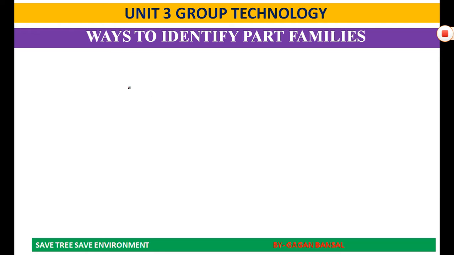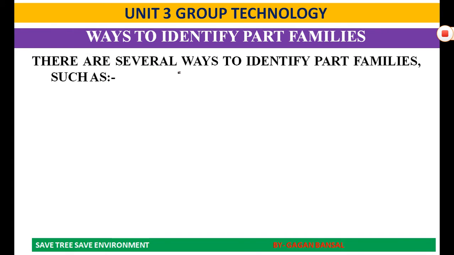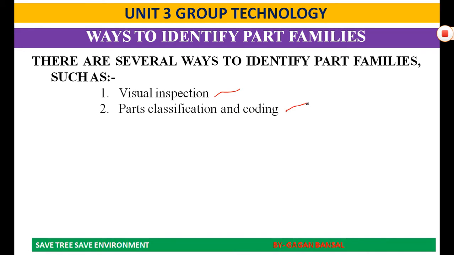So let's start with different ways to identify part families. There are many ways to identify part families, such as visual inspection, part classification and coding.